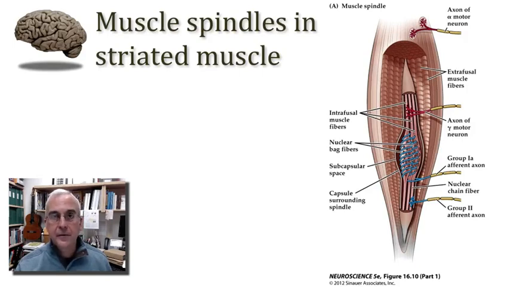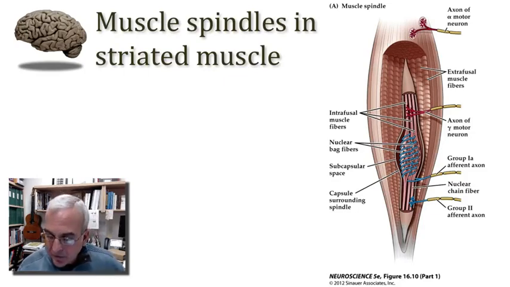This idea of a fusiform shape describes the shape of this muscle spindle, or rather the capsule that surrounds these muscle fibers. So there are indeed muscle fibers within the capsule, but these are very specialized muscle fibers that are innervated by sensory axons.